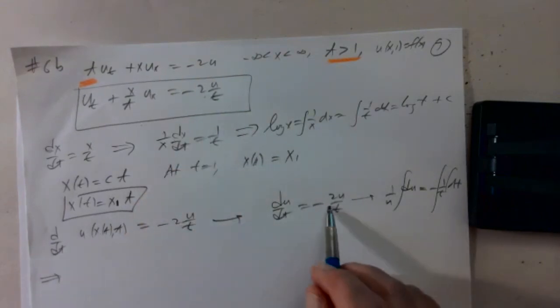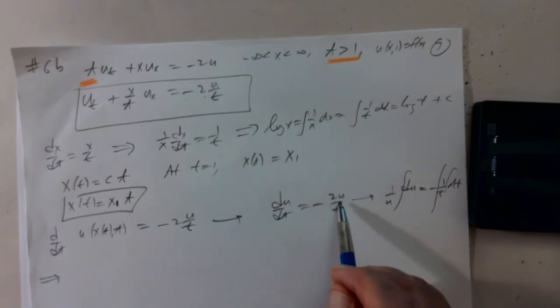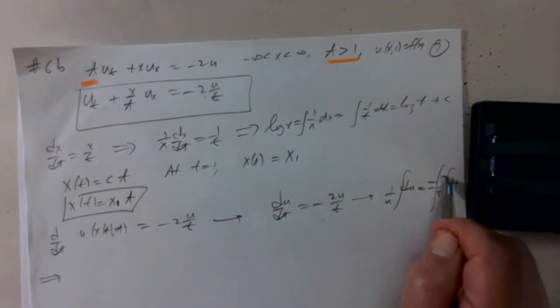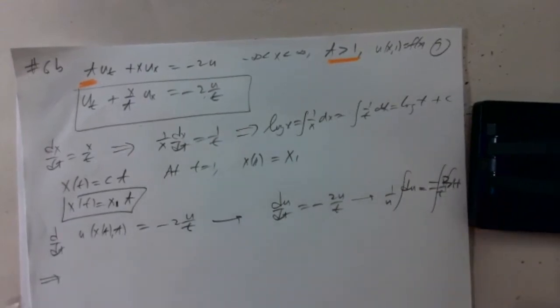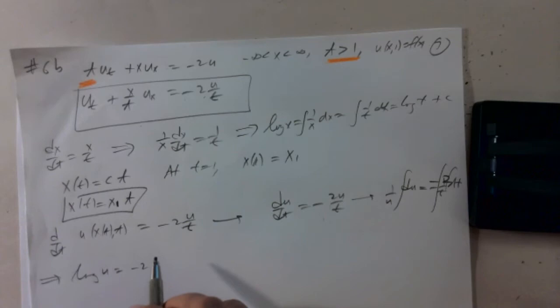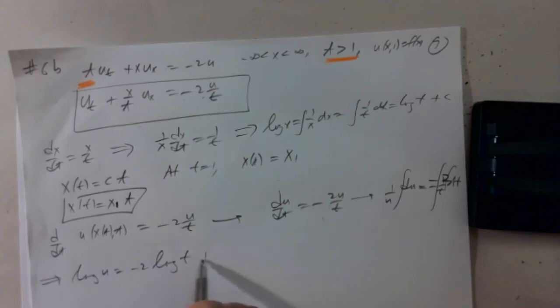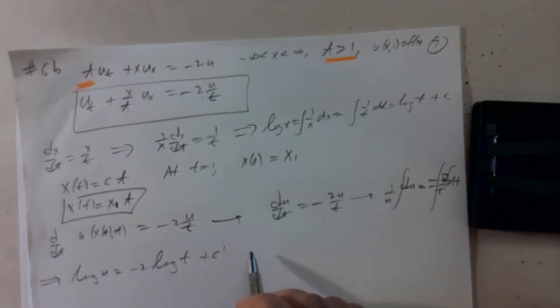So I forgot this 2. So this is minus 2 over t. So log u equals minus 2 log t plus some constant.